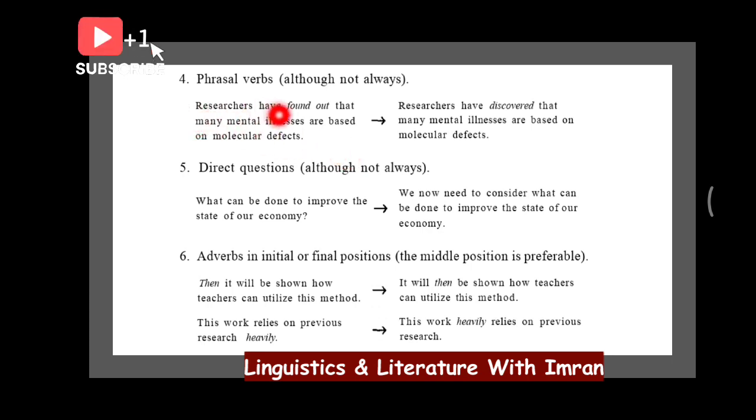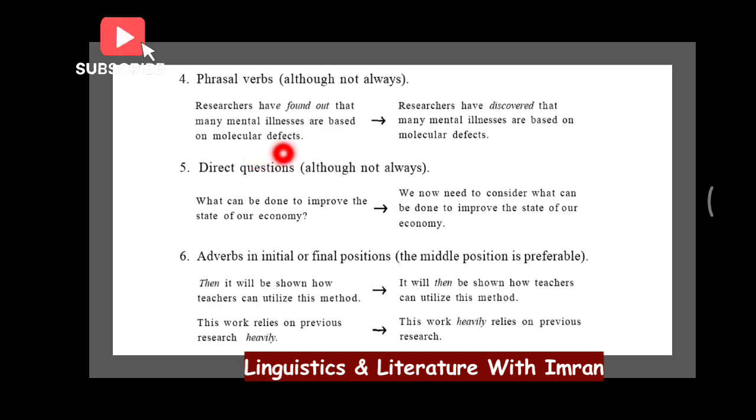Now, phrasal verb, although not always. Occasionally you can use phrasal verbs in academic writing, okay, but we avoid using phrasal verbs in academic language. So, "researchers have found out that many mental illness are based on molecular defects," right?